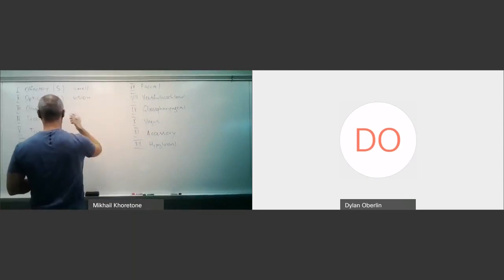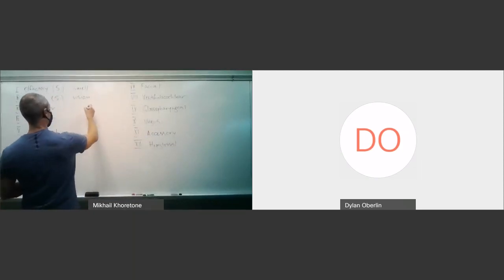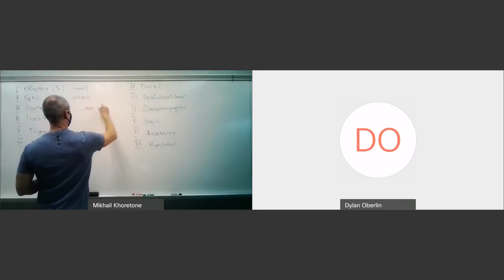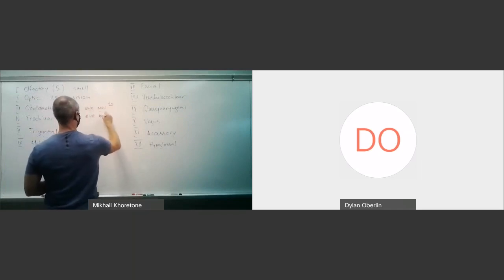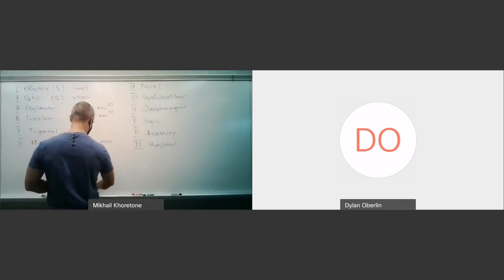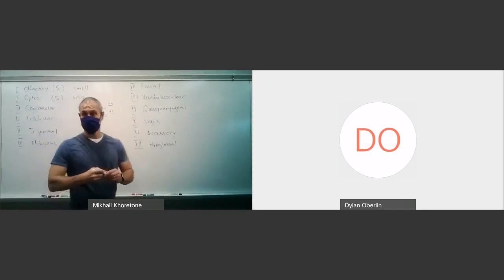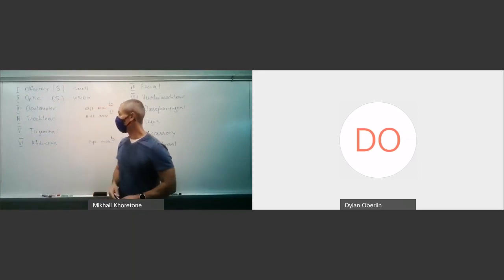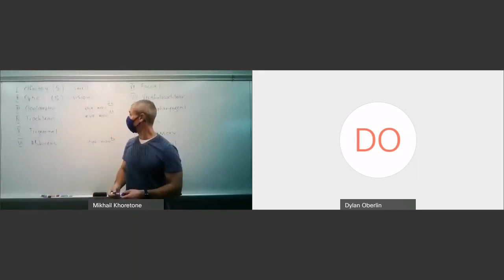Oculomotor, trochlear, abducens. Eye movements. Abducens, eye movements. By eye movements, I mean moving your eye left, right, up and down.